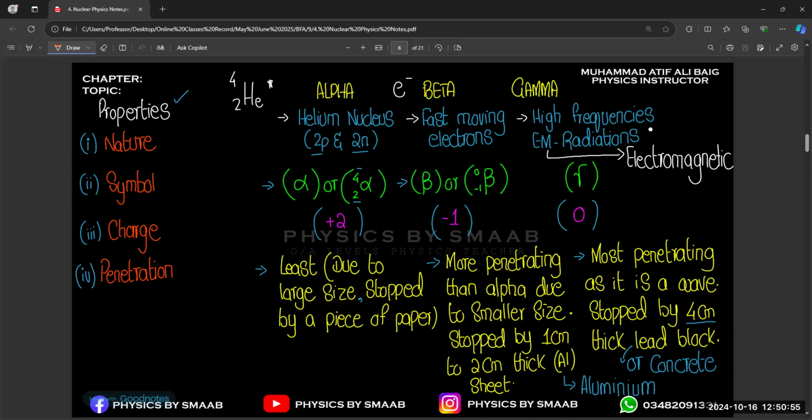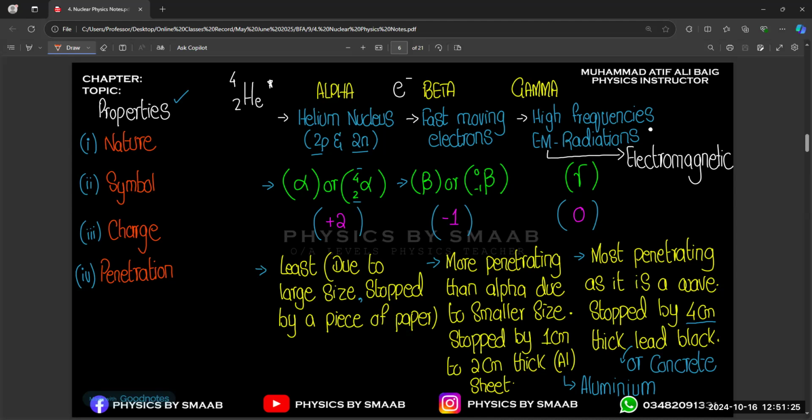But suppose you directly expose gamma particles on your body. If you remember the incident of the atom bomb on Hiroshima, it takes so many years to recover from the after effects of the atom bomb, because radiation is added to your atmosphere and can stay there for a very long time.